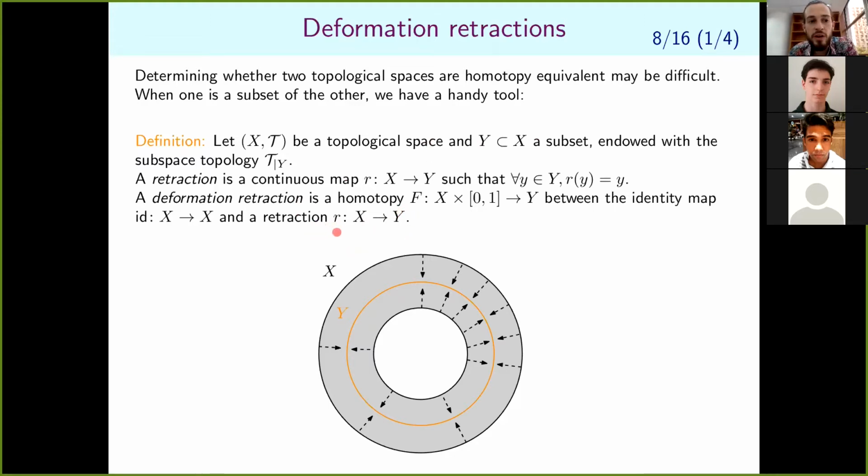Because when I say a retraction R from X to Y, this is to make clear that the image of the retraction is Y, but actually the retraction is a map from X to X, because Y is a subset of X. If I want it to be very formal, I would say from X to X here.